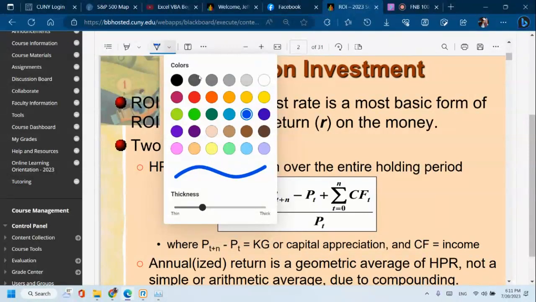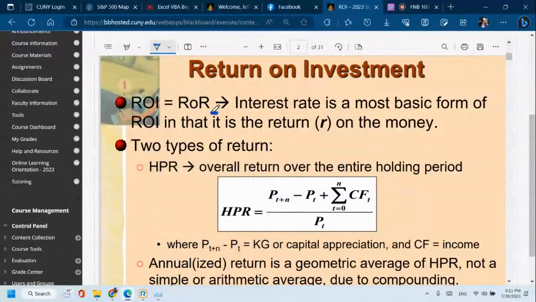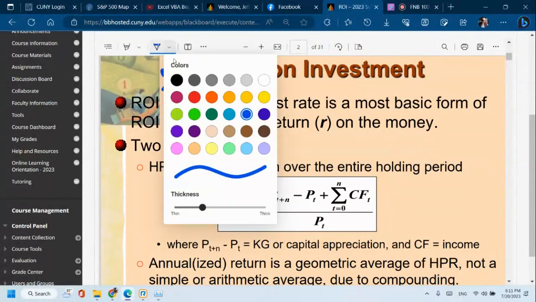Return on investment is a rate of return, which means it's a percentage, right? So all returns are basically expressed in percentage, okay? The return means simply how much your investment has increased.